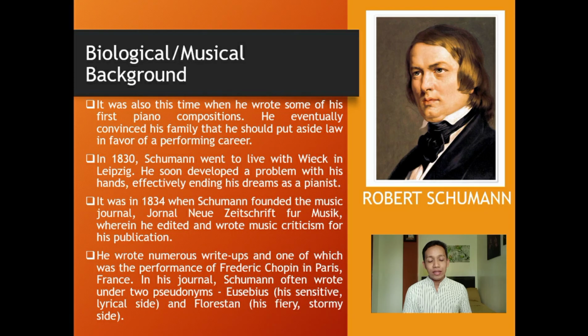He wrote numerous write-ups, one of which was on the performance of Frédéric Chopin in Paris, France. In his journal, Schumann often wrote under 2 pseudonyms. The first is Eusebius, which is his sensitive lyrical side, and Florestan, which is his fiery and stormy side.